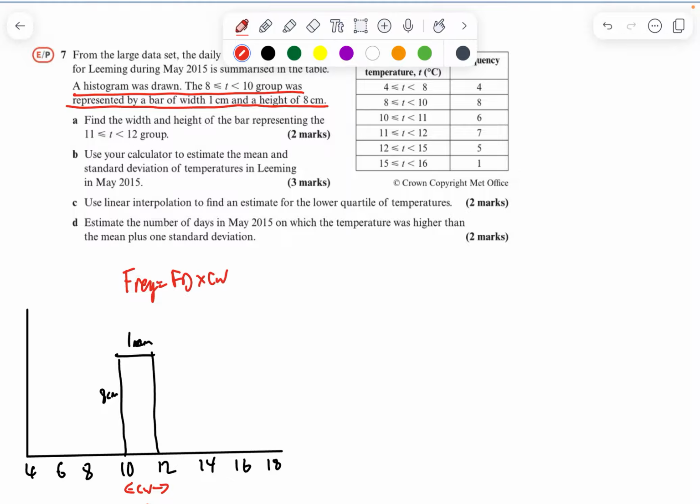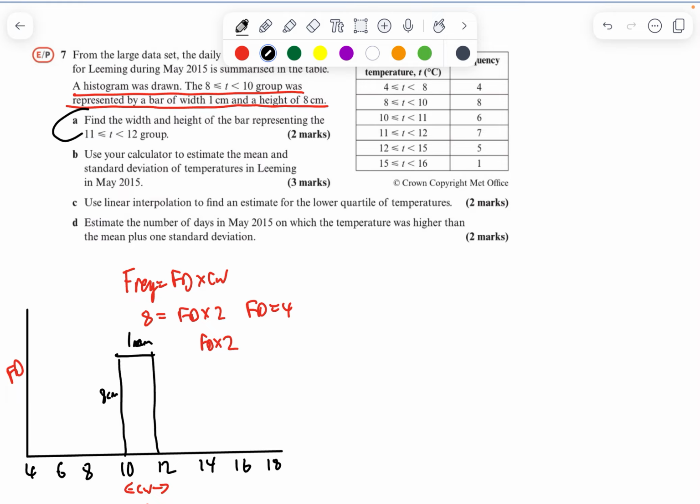And here we know that our frequency was 8 and our class width was 2. So therefore frequency density is equal to 4. And frequency density is normally on the vertical axis. So what we're going to have to do is we multiply our frequency density by a factor of 2.